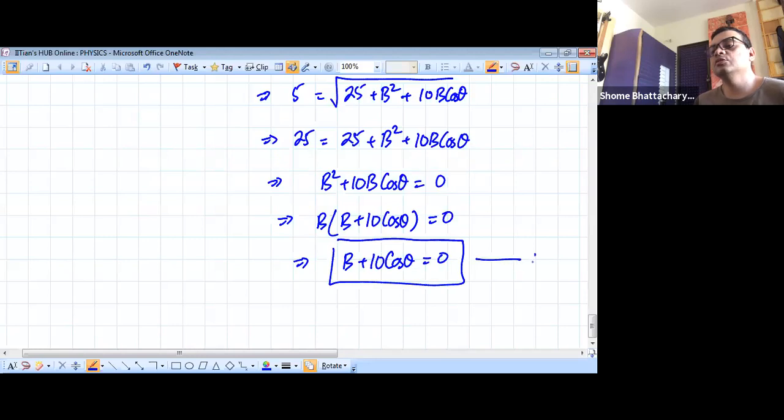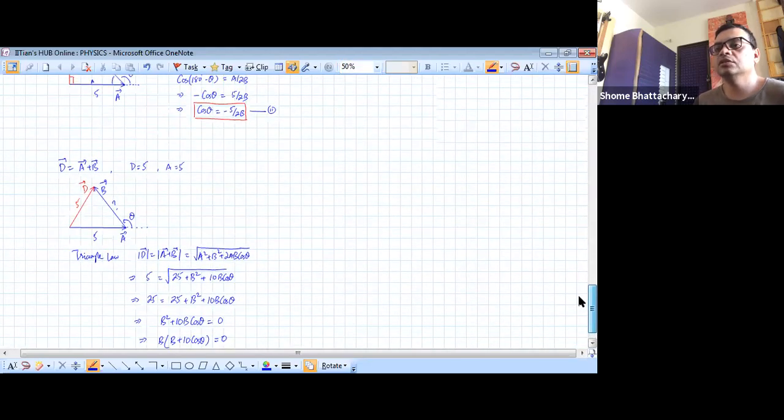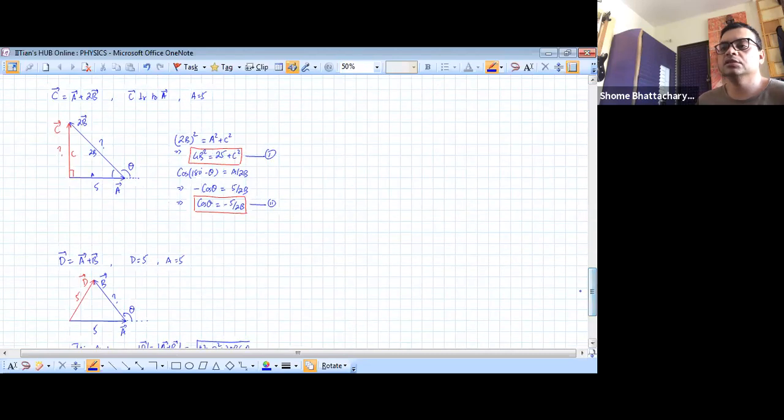Now the next thing you have to do is solve these three equations. Two from the triangle given above and one this one. So solving equations 1, 2 and 3, you will be able to get the required answer.